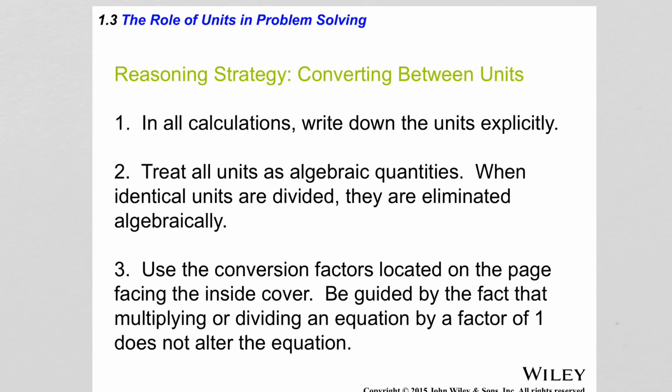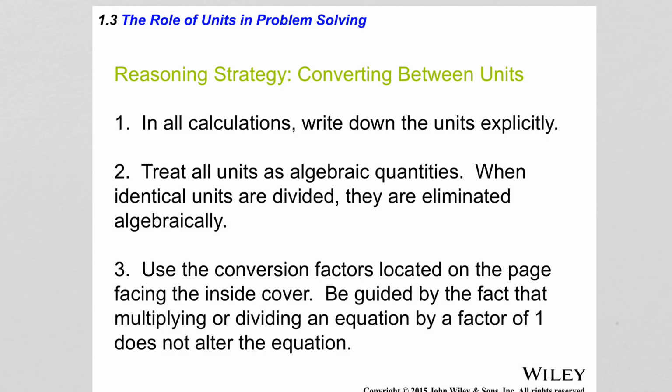And so the basic reasoning strategy for converting between units is as follows. In all calculations, you need to write down the units explicitly. So each quantity in the problem has to be written down with its value and the units explicitly.